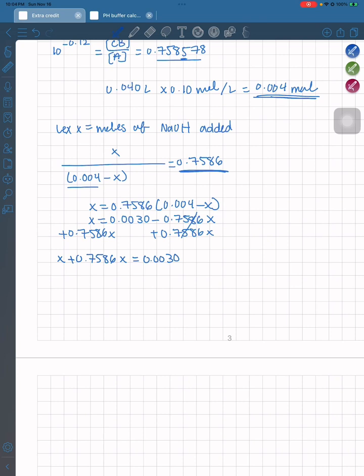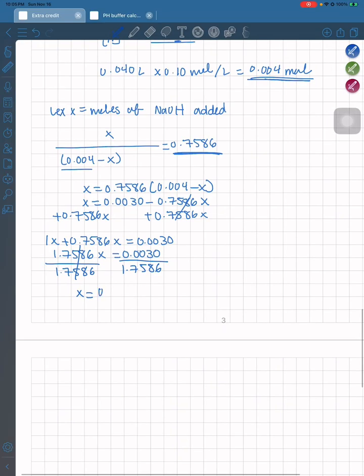We add them, we get 1.7586x equals 0.0030. We divide, this crosses out. X is equal to 0.0017 moles of NaOH.